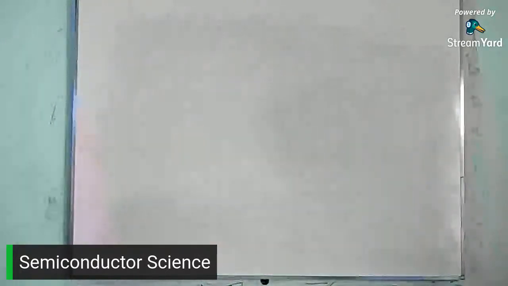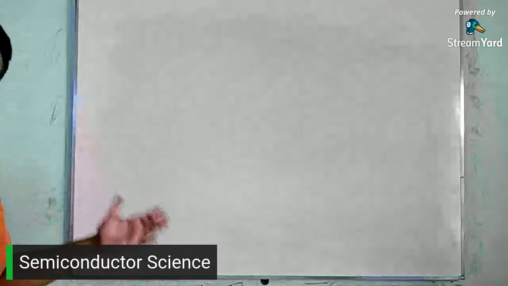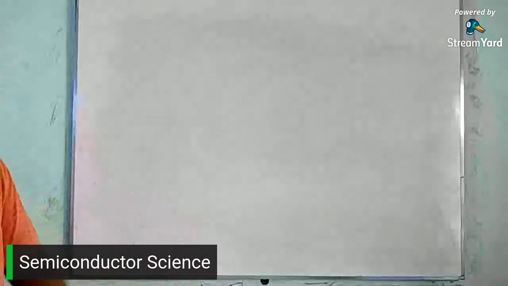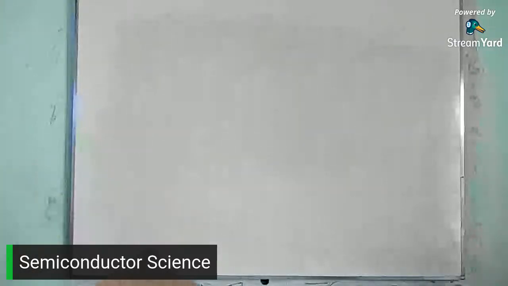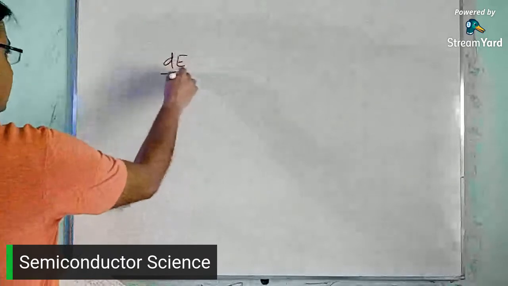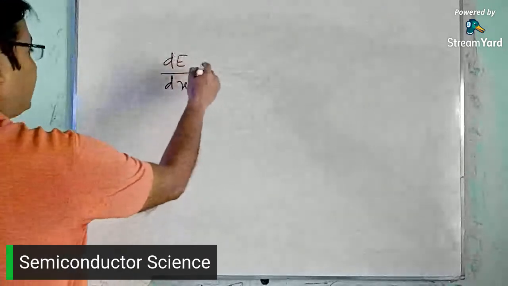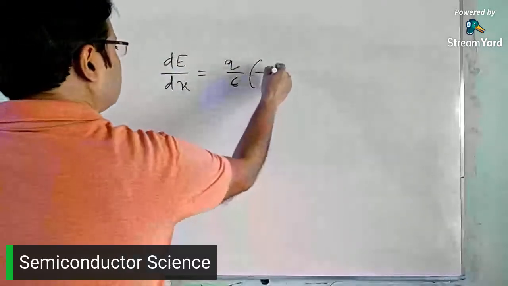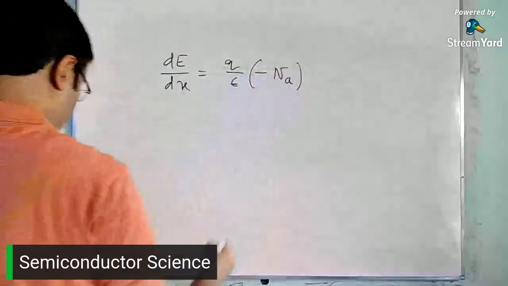Now the electric field within the transition region can be deduced from the potential barrier. Now at equilibrium, dE/dx was Q by epsilon times minus Na.